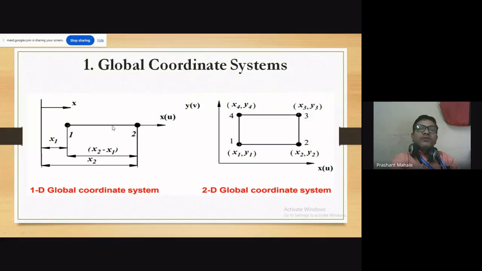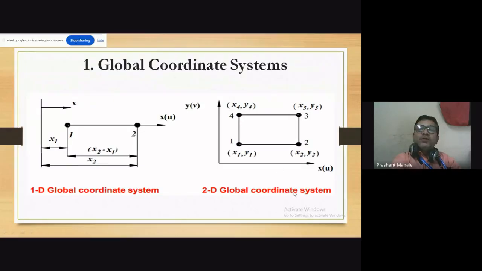So the length of the element is obviously going to be x2 minus x1. So what is shown here, x1 and x2, are global coordinates.